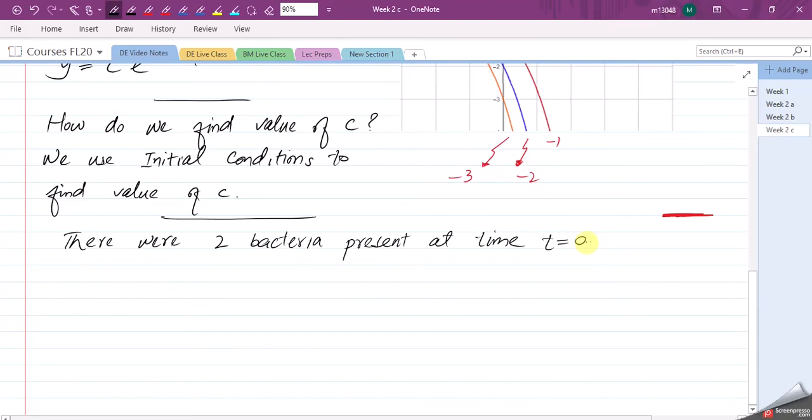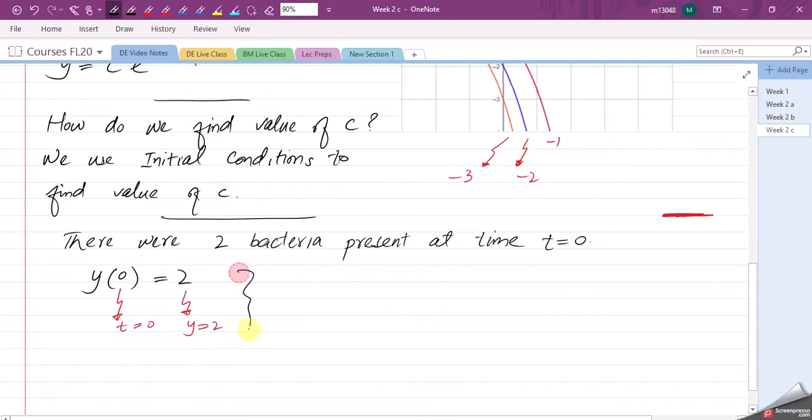This is what we call initial condition. Mathematically, we write it like this: y of 0 equals 2, where this is the value for t and this is the value for y.